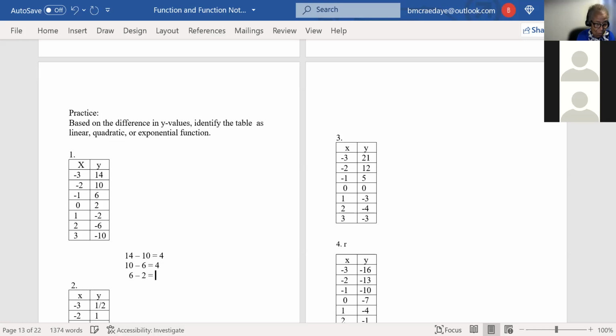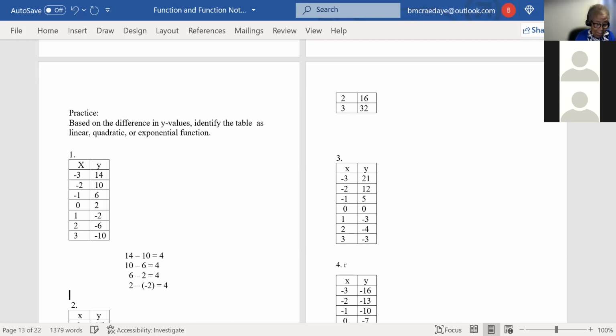That's equal to 4. Okay. What's 2 minus a minus 2? It's 4, because that's like 2 plus 2, right? So that's 4.